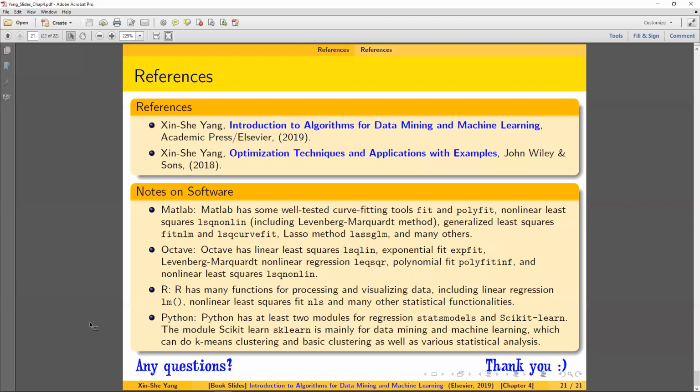In addition, the module scikit-learn, sklearn, is mainly for data mining and machine learning, which can do k-means clustering and basic clustering as well as various statistical analysis. We're going to discuss what k-means clustering and other basic clustering algorithms are, especially from the optimization perspective.